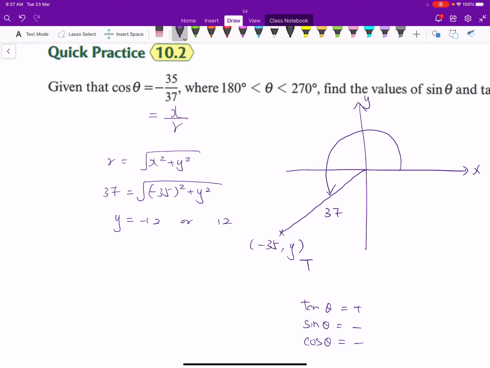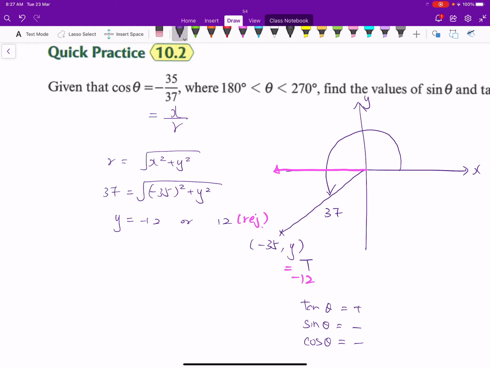So you can see the y coordinate is on the left-hand side, so that it must be negative. So we reject the positive one. Okay, so we can find that the y coordinate is negative 12.